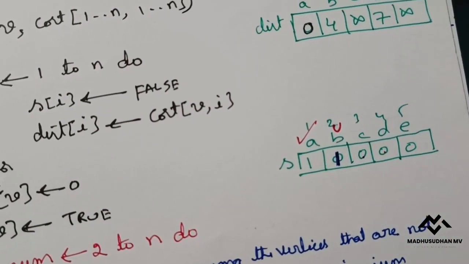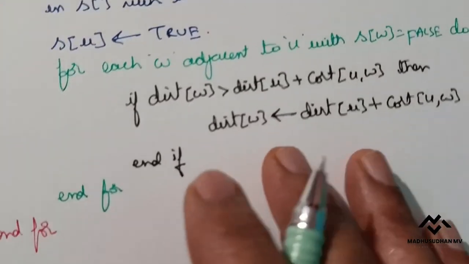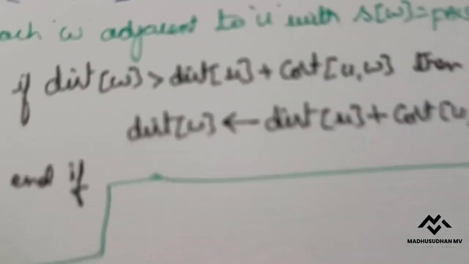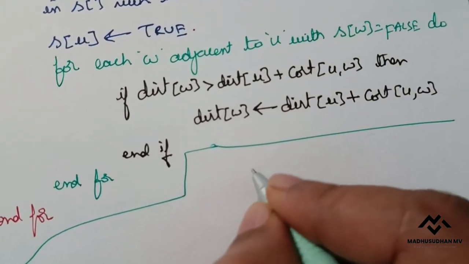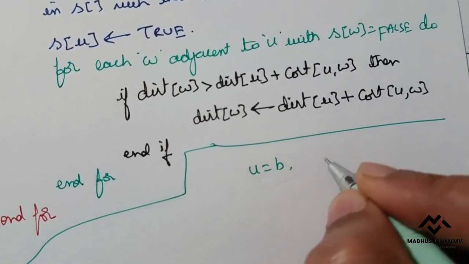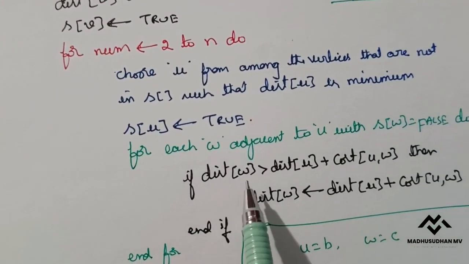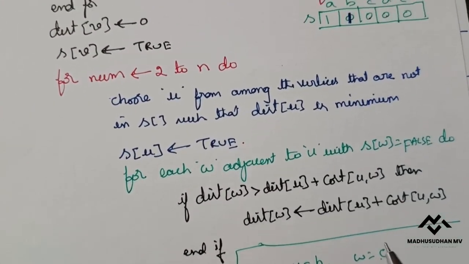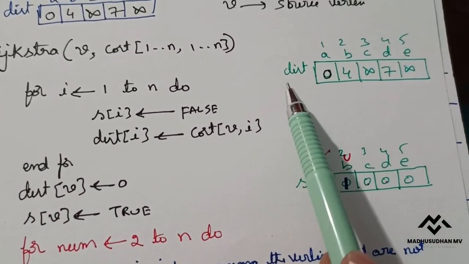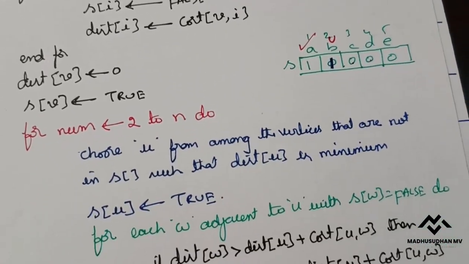Now assume, right now my W is, for example, see, this is for tracing. Now U is my B, W is my what? C. Now you check distance of W. W is what? C. Distance of C is what? Distance of C is infinity.